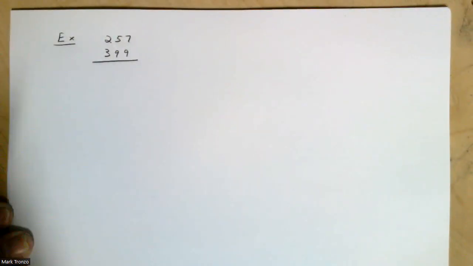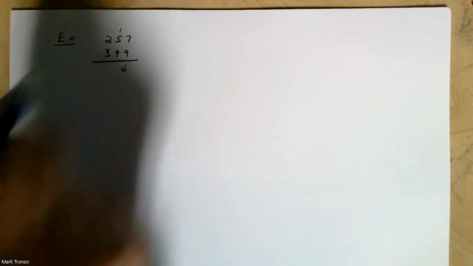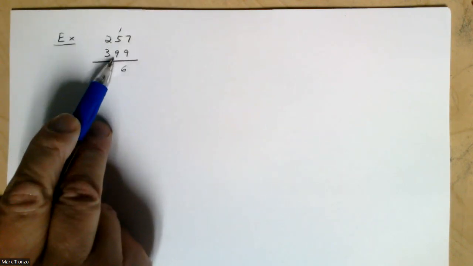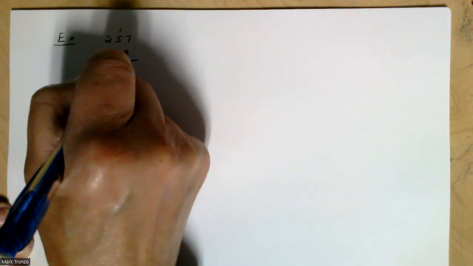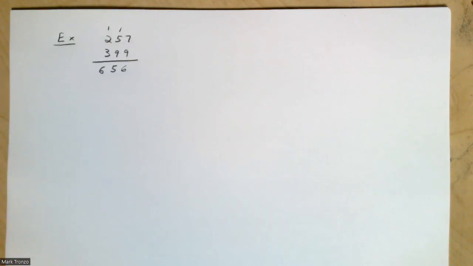If you recall, if you want to add these 2 numbers, start over here. So this is going to be 16, and we carry the 1. And then add this, and that's 15, and carry the 1. And add this, and that's 6. 656.